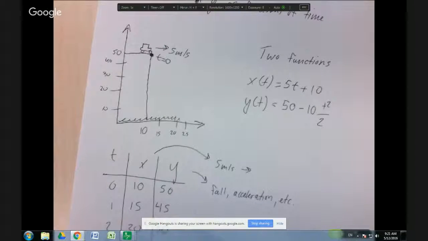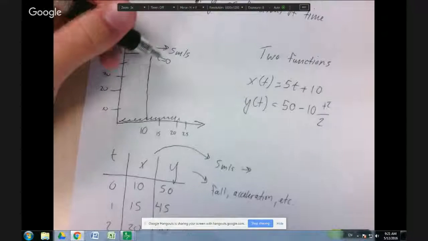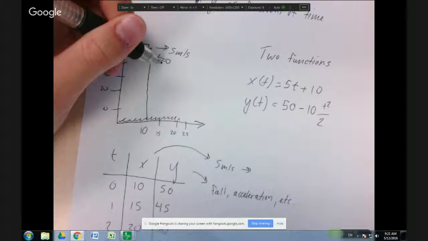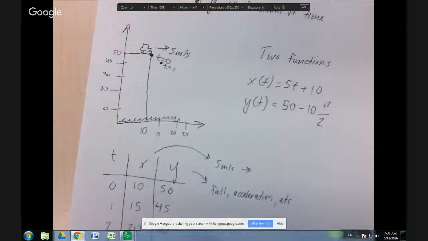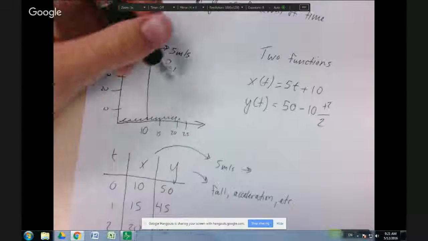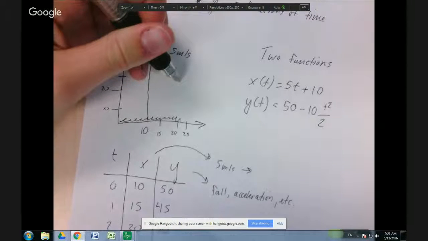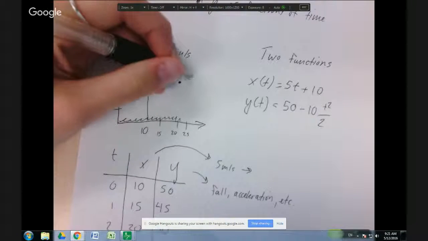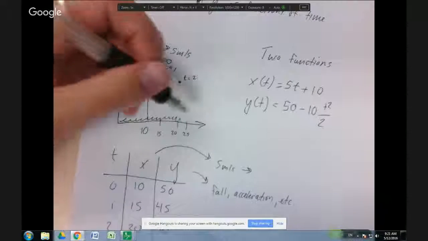And so at t equals 1, x is 15, y is 45. So right under here, this would be our t equals 1. We have t equals 2 at 20 and 30. Yep, 20, 30. And then t equals 3 is at 25, 5.